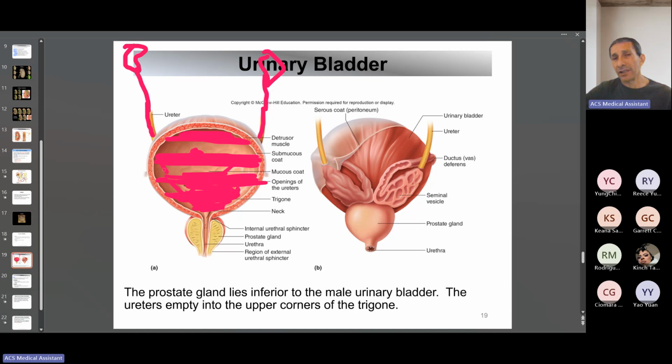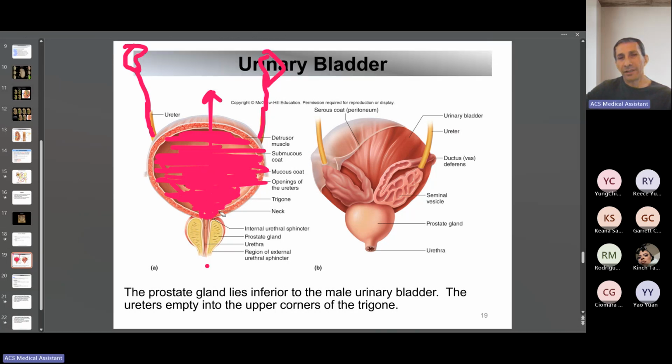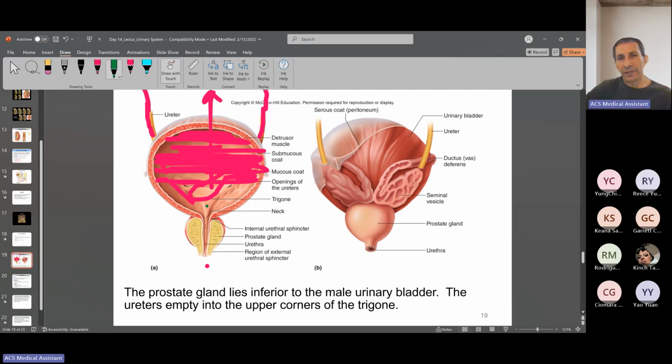Because as this fills, remember the chambers of the heart, as they fill with blood, pressure increases inside. I need to do something. So this starts squeezing and pushing the urine through the urethra. Pushing right here, and there is a sphincter right here. Right in this area, we have a sphincter.